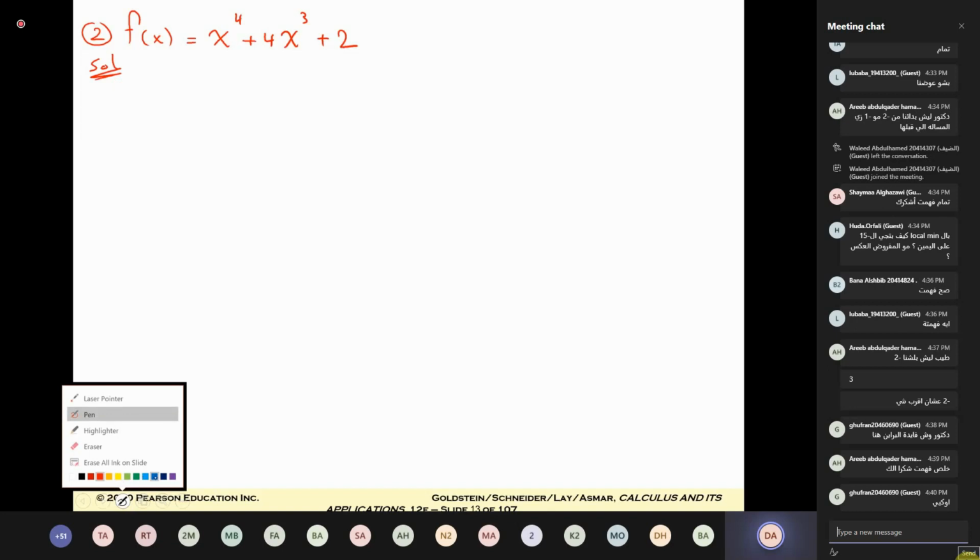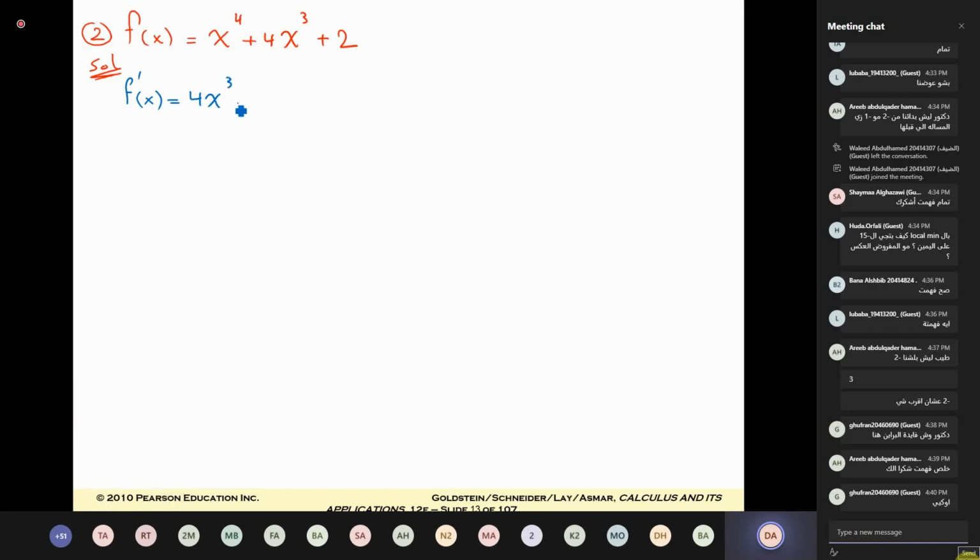Number 2, f of x equal x to the power 4 plus 4x to the power 3 plus 2. شوف الحل. f prime equal 4x to the power 3 plus 12x squared, this is equal 0. وقلنا ممكن ناخذ 4x squared as common factor, we have x plus 3, this equals 0.